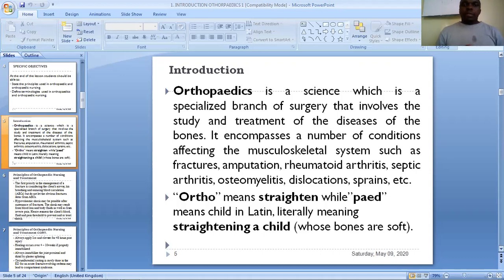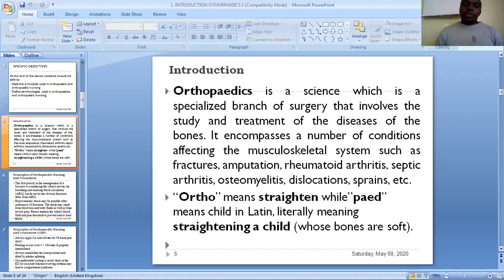Now, the prefix ortho means to straighten, and ped means child, which is Latin. So when you talk about orthopedics, we're literally talking about straightening a child. In simpler terms, they coined this term because they used to look at most children with bones that are not in order, the way they're supposed to be.